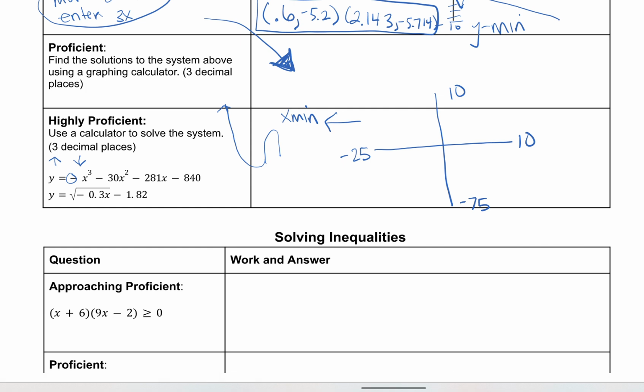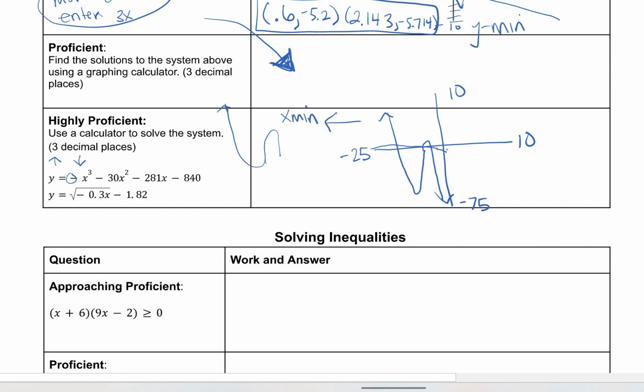And so now what I'm seeing is this graph comes down and it dips down and then it comes back up and goes back down like this, okay? And then we have our square root graph that's going to come across. It's really close to the axis, so kind of like this, okay?